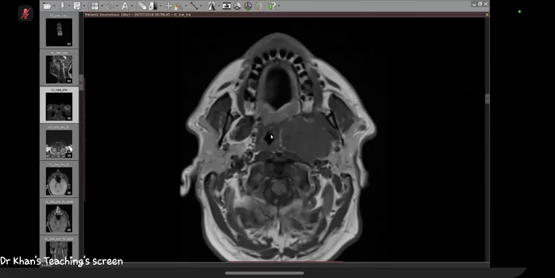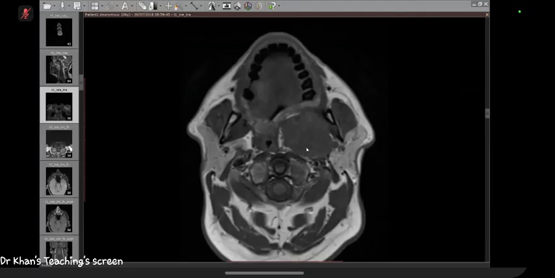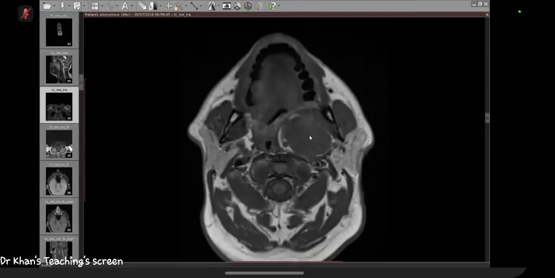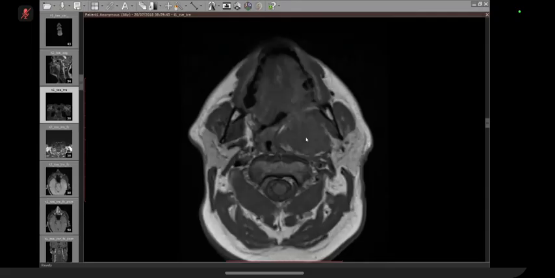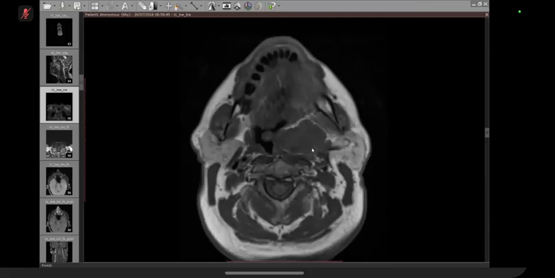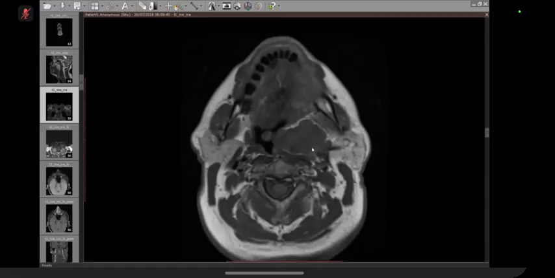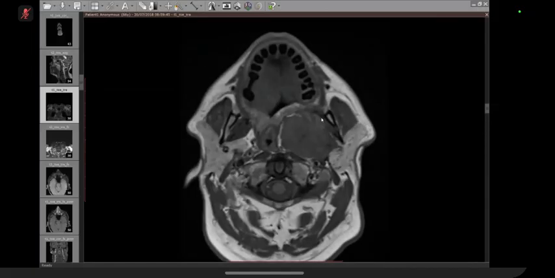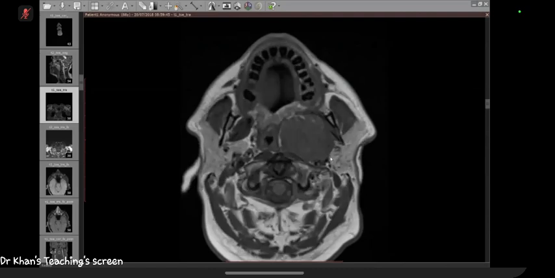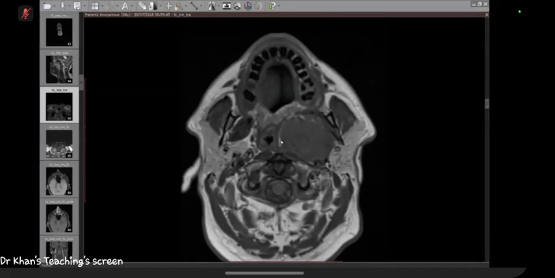So there is a well-defined, homogeneously isointense mass lesion on this T1 weighted imaging sequence, which is centered at the left parapharyngeal space with extension anteriorly towards the masticator space, and slightly indents the carotid space, which is displaced posteriorly, and the deep lobe of the parotid gland.